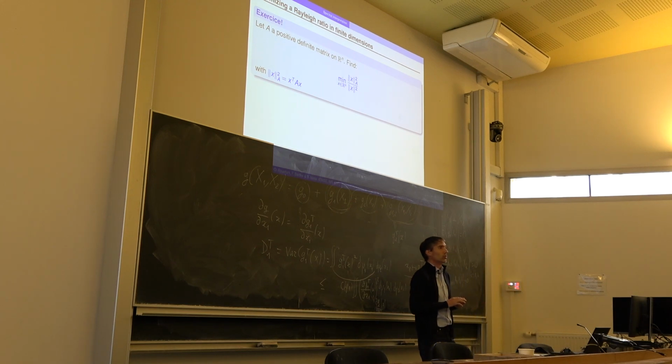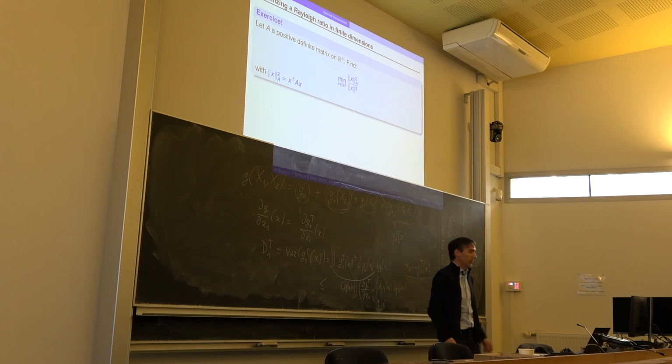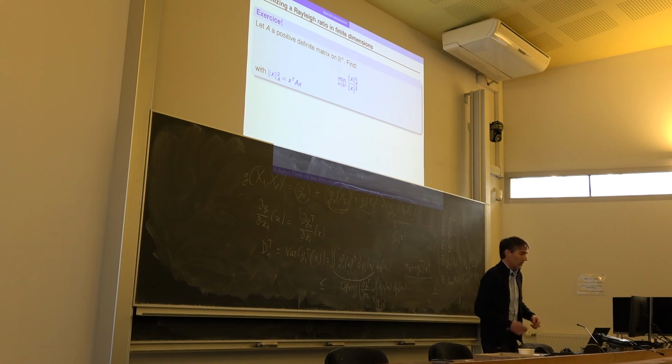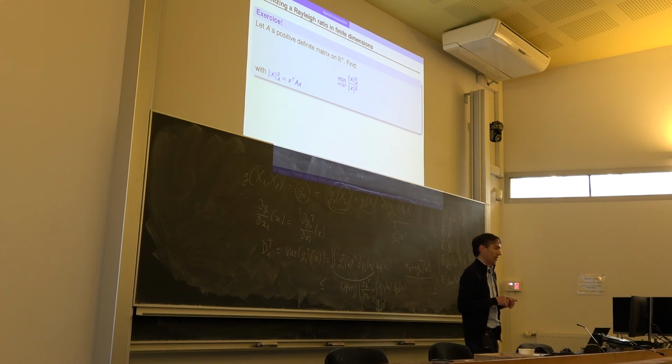And this problem, you know it. You know it in another frame. If you consider vectors instead of functions, if you want to minimize a ratio of norms like this, where the first norm depends on the second one, typically the square norm of x, you have a metric for the first one defined by x transpose A x. Maybe you know how to solve this.